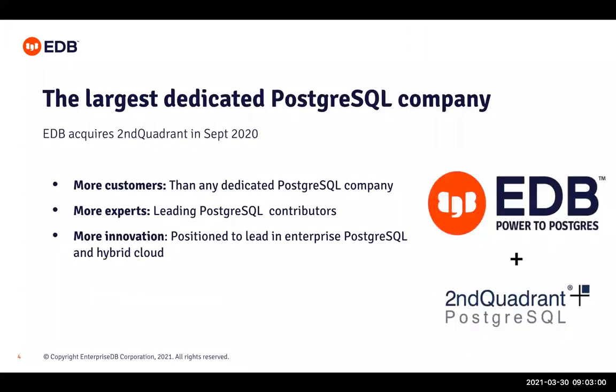All right, so EDB is the largest Postgres company globally now. Unless you've been living under a rock, you have probably seen that we acquired Second Quadrant in September 2020. And we have been working very hard to merge the product lines from Second Quadrant and EDB, and are very close to announcing that result.